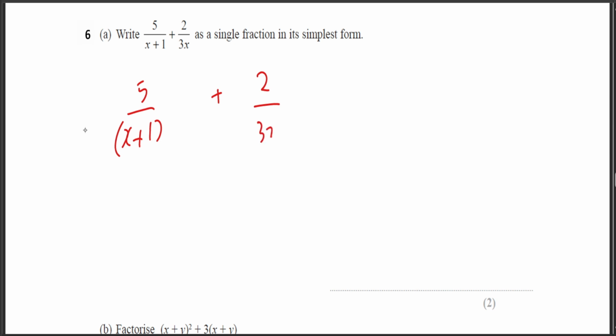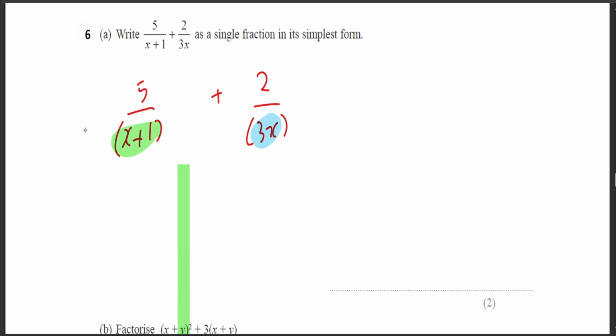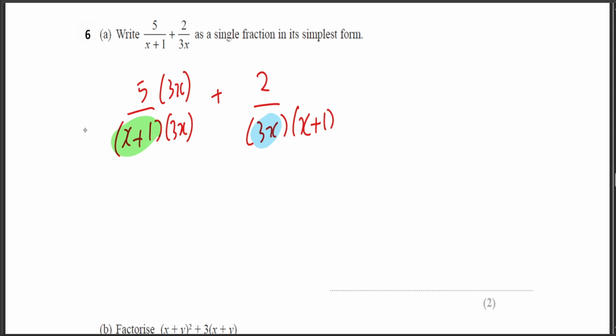What you normally do is take the 3x and multiply it to the side, obviously you multiply at the numerator, and the x plus 1 multiplies to the other fraction, so that the denominators become the same.